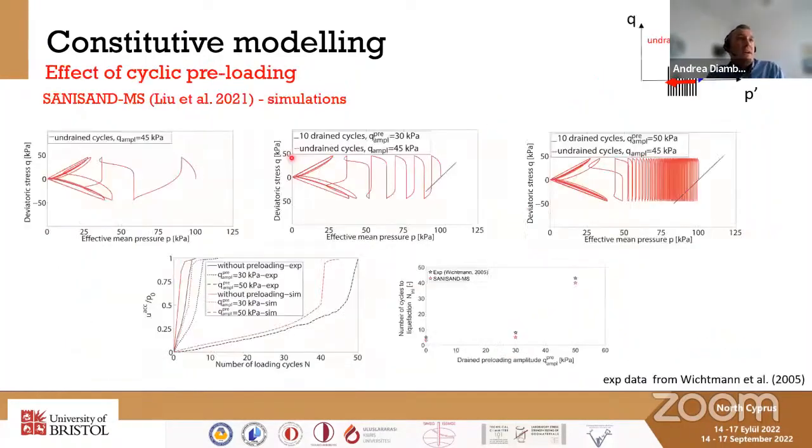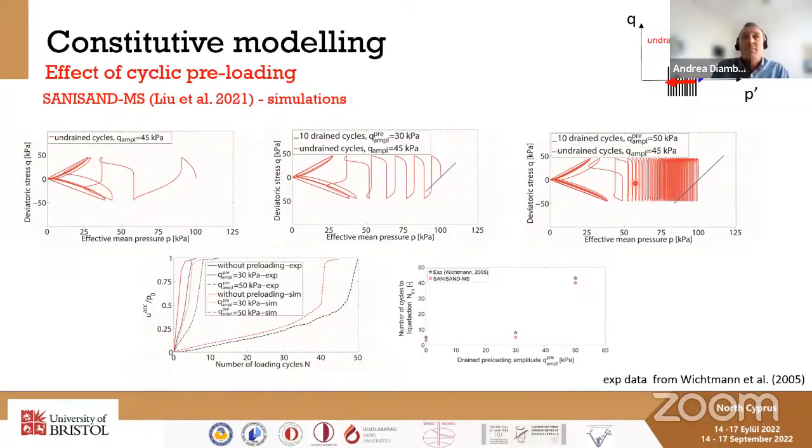Just very quickly, I would like to show the other advantages of the memory surface. This is the simulation of the same data I showed you before with cyclic preloading. The more cyclic preloading we do, the larger the memory surface is before we start the undrained cycle. So there are more cycles to liquefaction, and this is because we start with a stiffer soil.